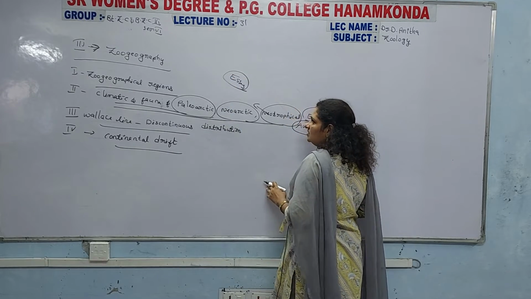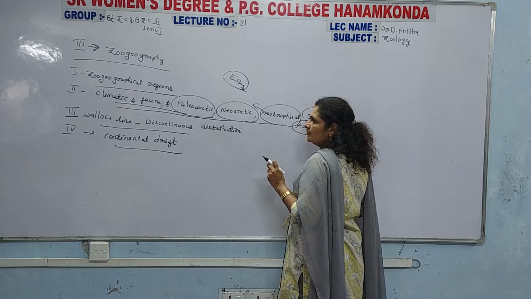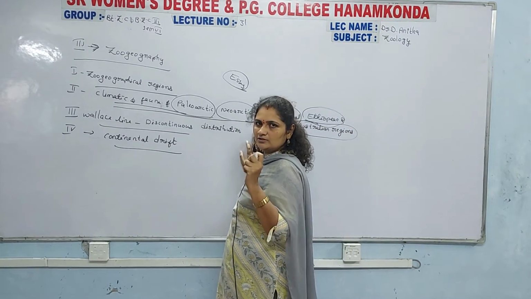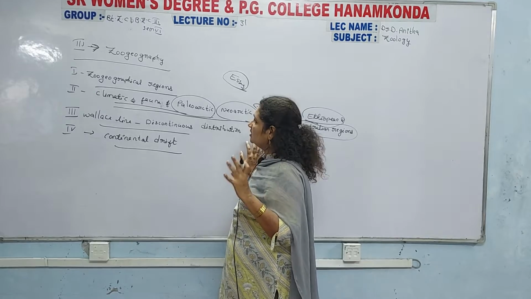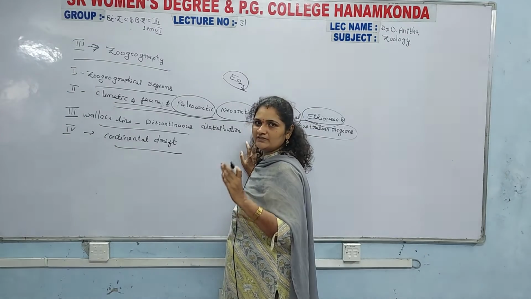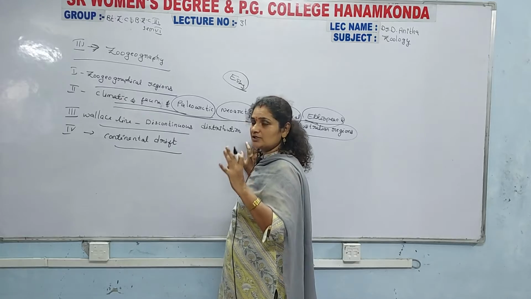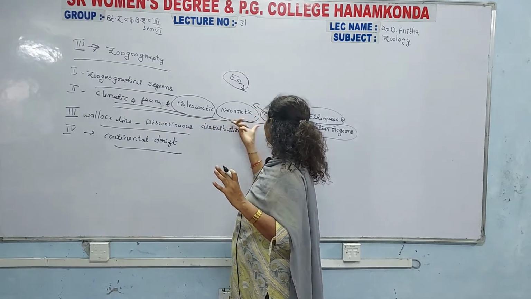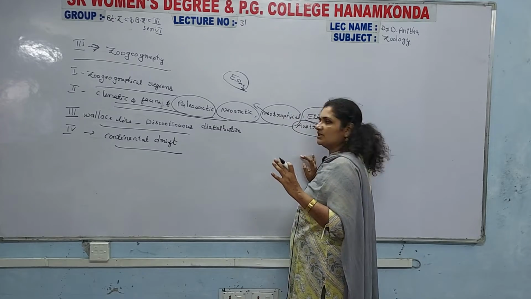First, they ask to write about the geographical regions. So you observe the question, and write the same answer, that is the regions of Paleo-Arctic, Neo-Arctic, Neotropical, Ethiopian and Australian region.